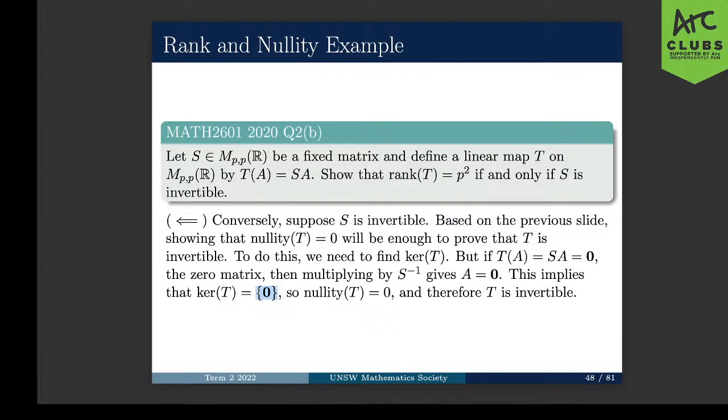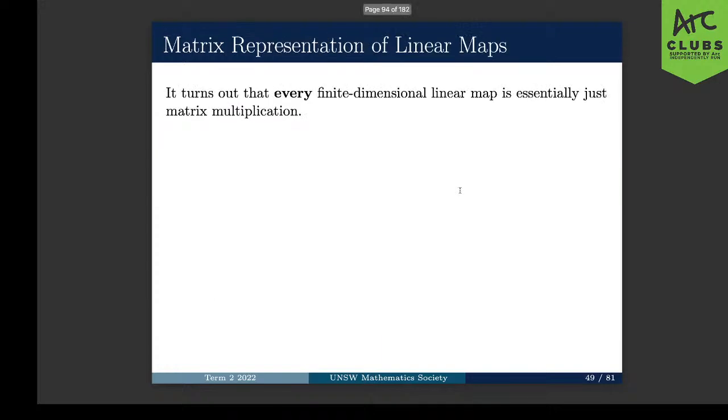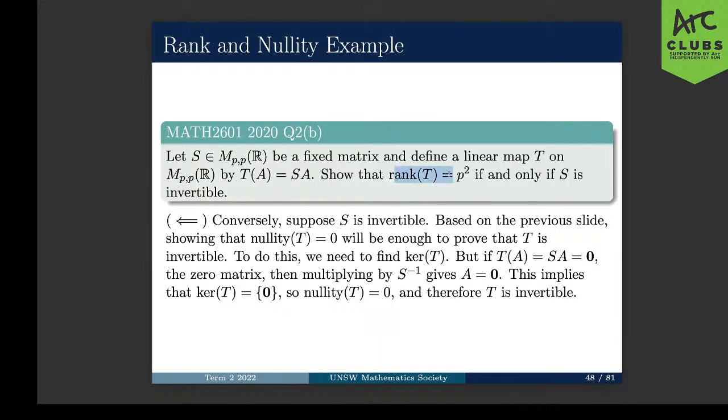And because of that, the dimension of the kernel is 0. This is a 0-dimensional subspace, the trivial one. And so by the previous theorem, T is invertible. And that's good for us, because if T is invertible, the rank of T must be P squared.